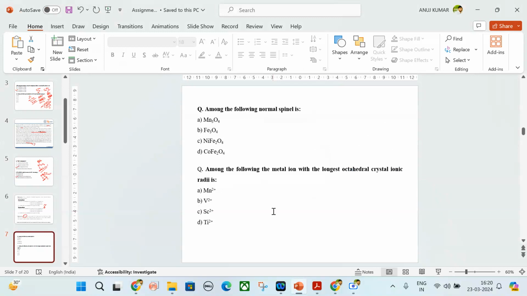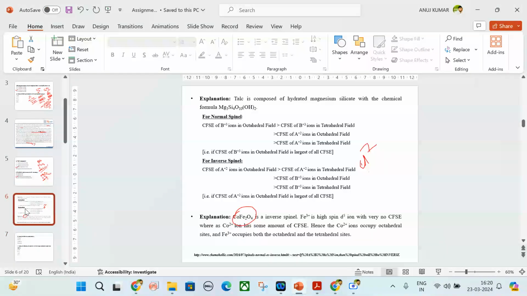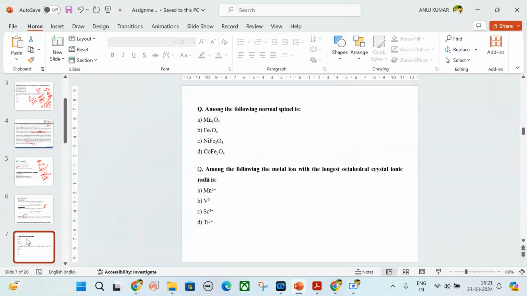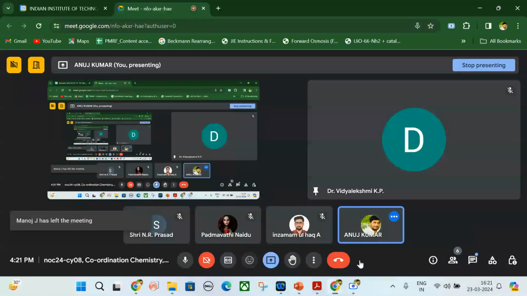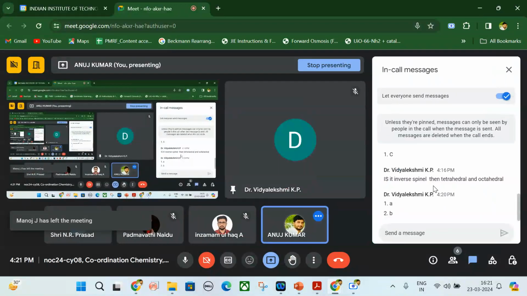Just calculate the stabilization energy, and if the bivalent ion has more energy than the trivalent one, it will be an inverse spinel, or if it is opposite, then it will exhibit the normal spinel structure. And apart from that there is also a technique.